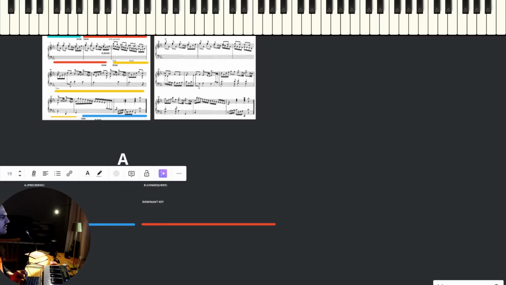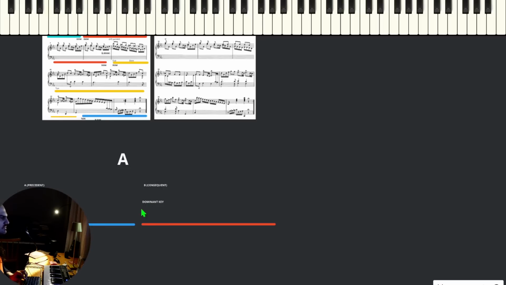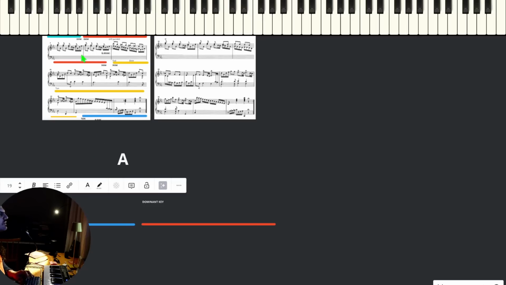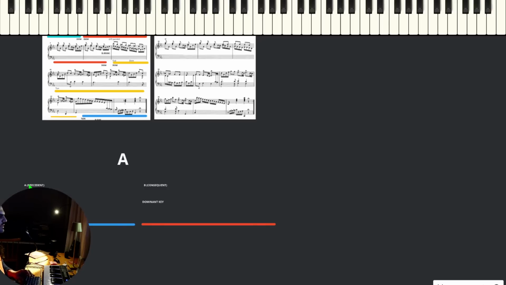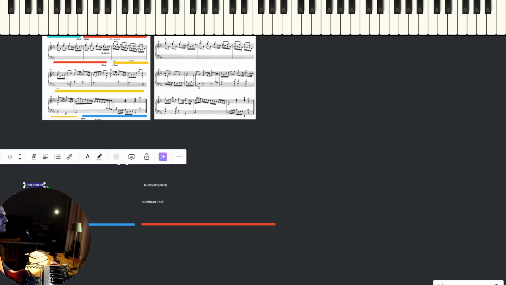Now, this is in the level of the key, but we have also the level of the phrasing. By the way, I did a mistake. So I will call this theme exposition.